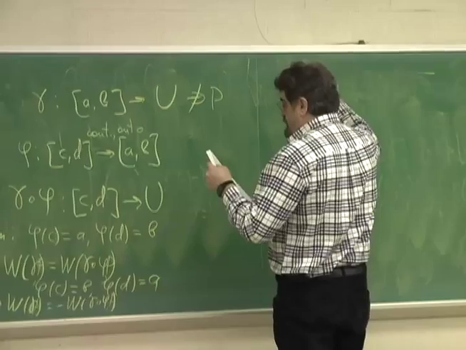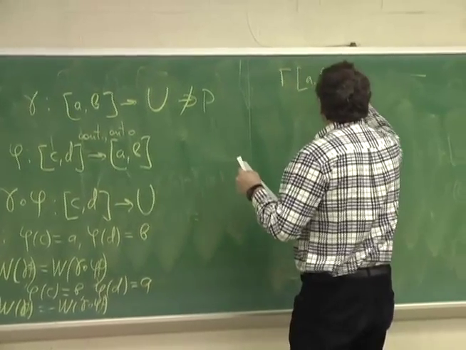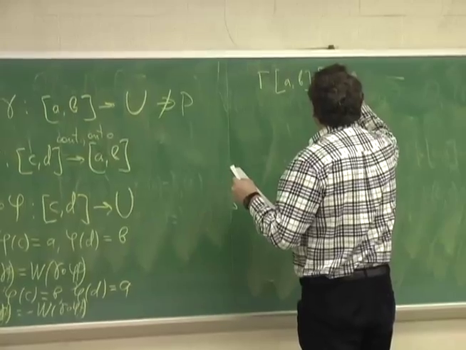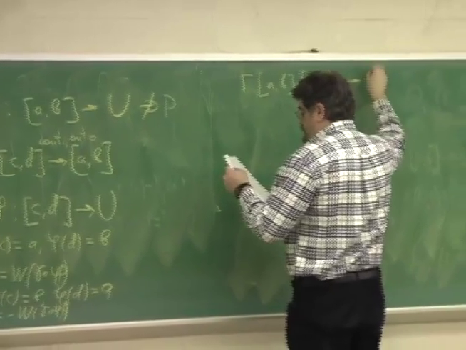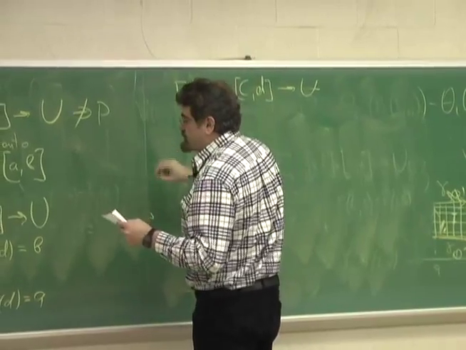Gamma from AB, CD to U. In the first case, it is case number 1.